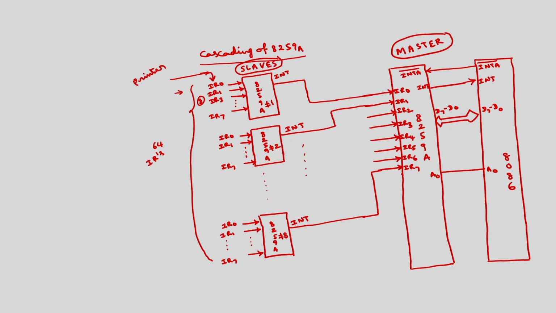Then under two conditions this interrupt will be accepted. One is this IR0 should be unmasked, whatever the interrupt that we are going to use. How to mask and all we will discuss in the initialization register.